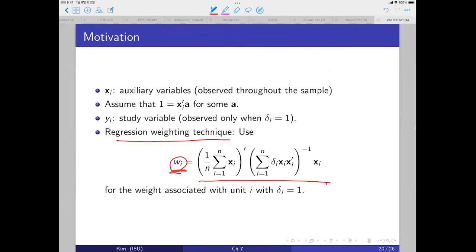So basically this is the weight. You have x, always observed, with an intercept here, and y is a study variable, which is observed only when delta equals 1. Then this is the regression weighting.